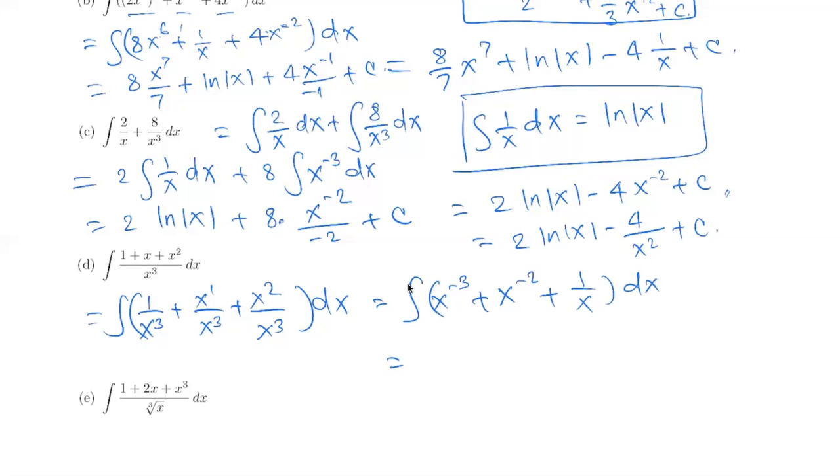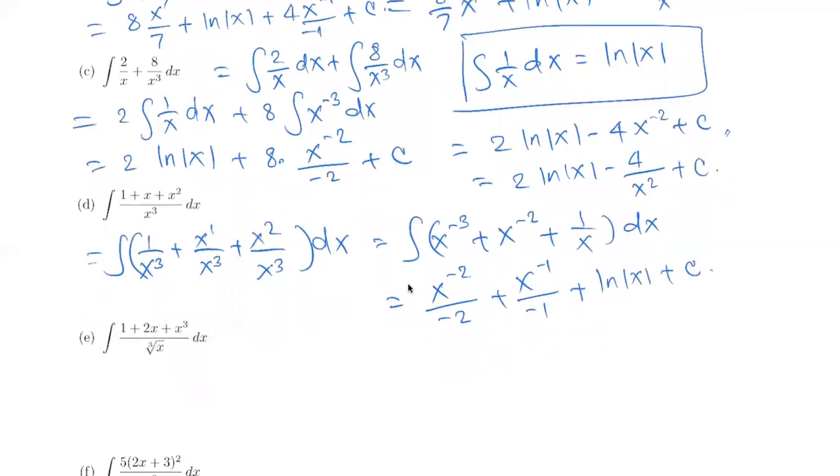Power rule over and over. X to the n plus 1, same thing on the bottom. And antiderivative of 1 over x is just natural log of x plus c. You may leave it here, or the best you can do is this: negative on the bottom 1 over 2, so negative 1 half, and x to the negative 2 you can bring to the bottom so that the negative exponent is gone.